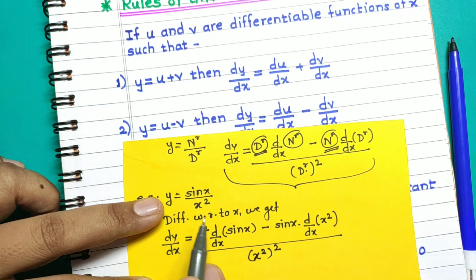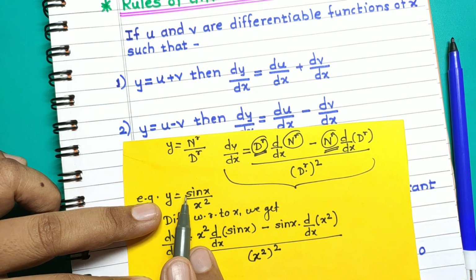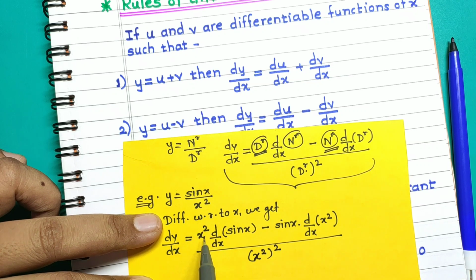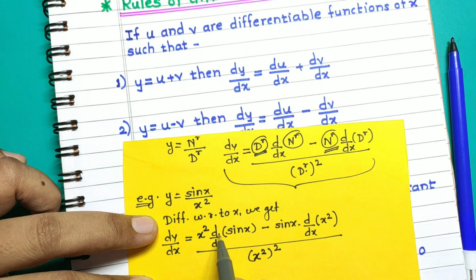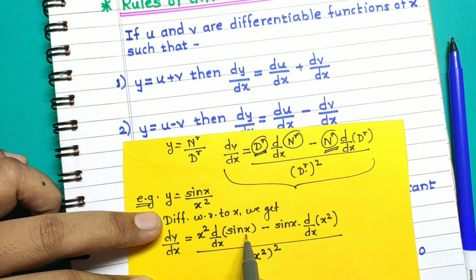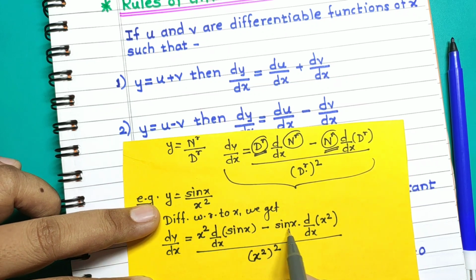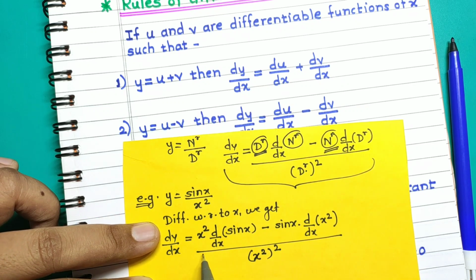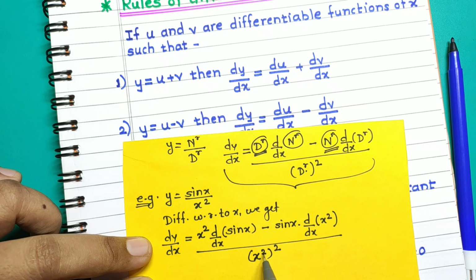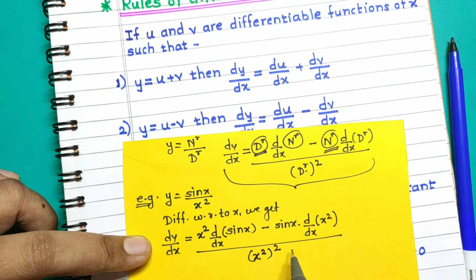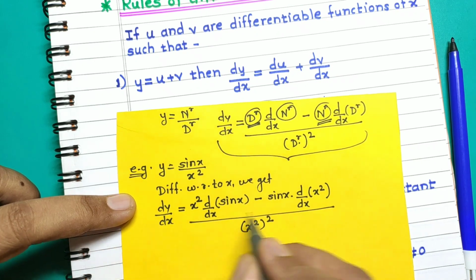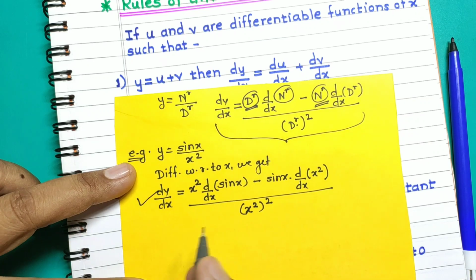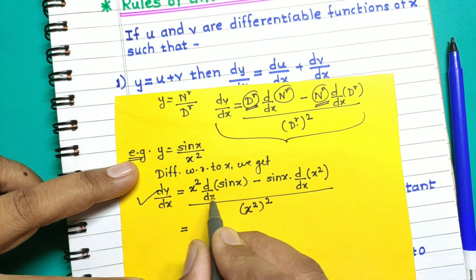See, again we have applied the rule for division here. Keeping denominator as it is, that is x square, multiply it by derivative of numerator, which is sin x, minus sin x as it is multiplied by derivative of x square, and the whole thing is divided by denominator square, that is x square, its square. Now this is the application of rule. Now let's evaluate the derivatives.